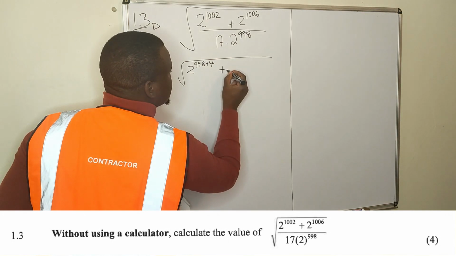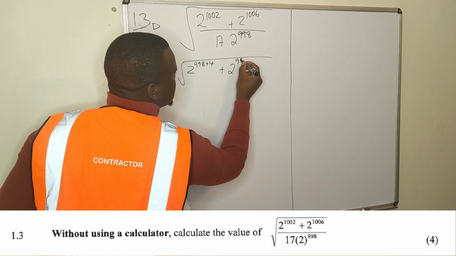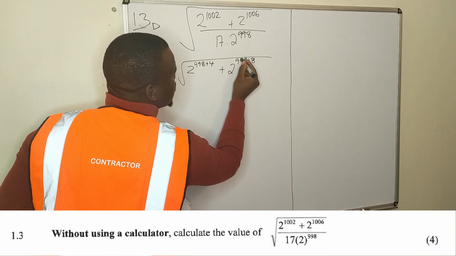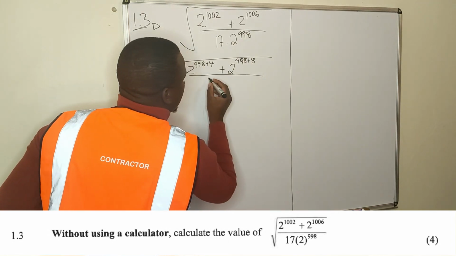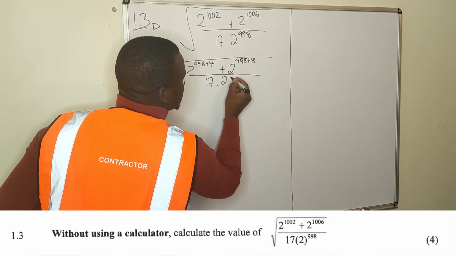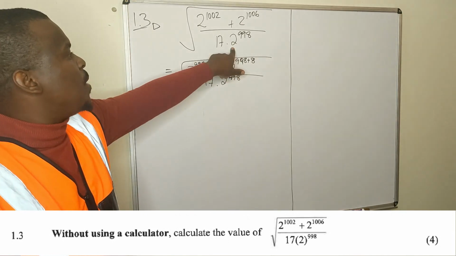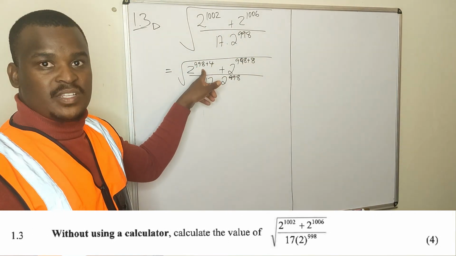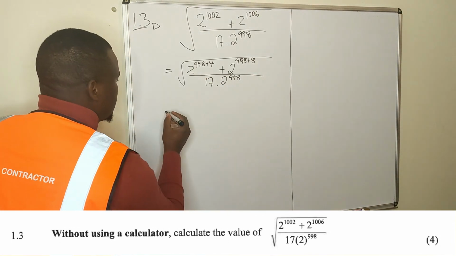Plus 2 raised 998 plus 8 units. This, if you punch it in your calculator, should give you that. All divided by 17 times 2 raised 998. This is what I meant. So the first step is to identify the lowest power and break everything else such that the lowest power is visible. Right? So, what do we do next?